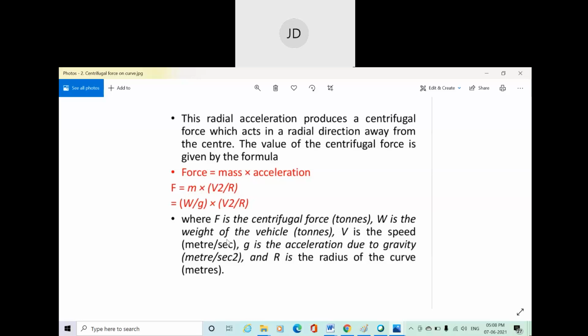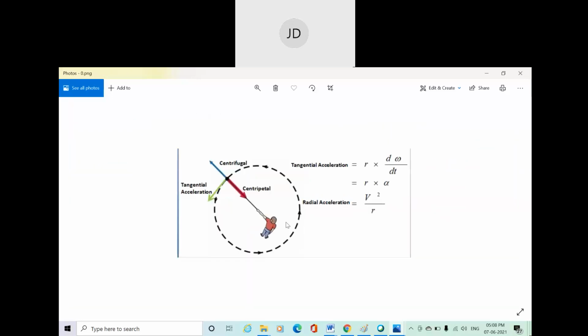W is the weight of the vehicle. In our case, it is the weight of the locomotive, or you can say the train. V is the speed in meter per second. Small g is the acceleration due to gravity, and r is the radius of the curve. When it comes to this image, you will see r is the radius of the curve.